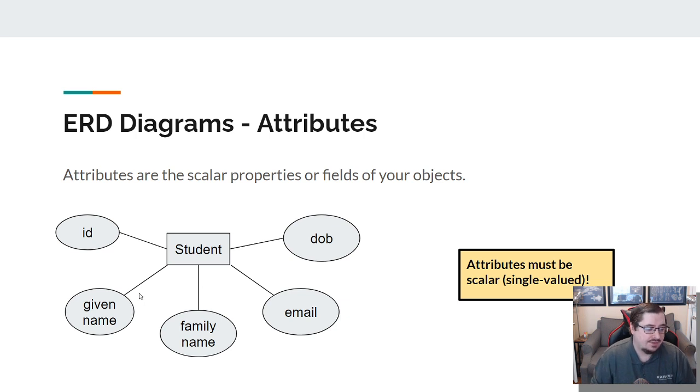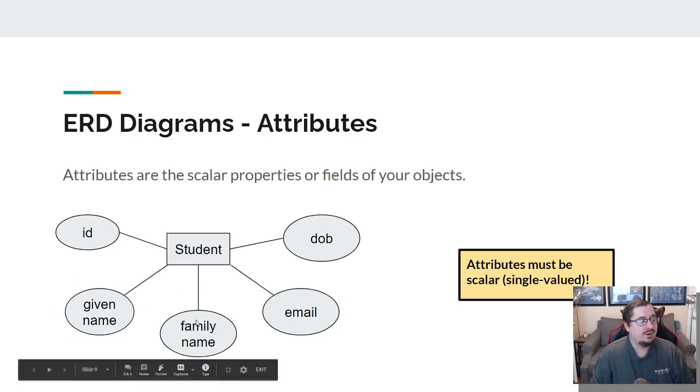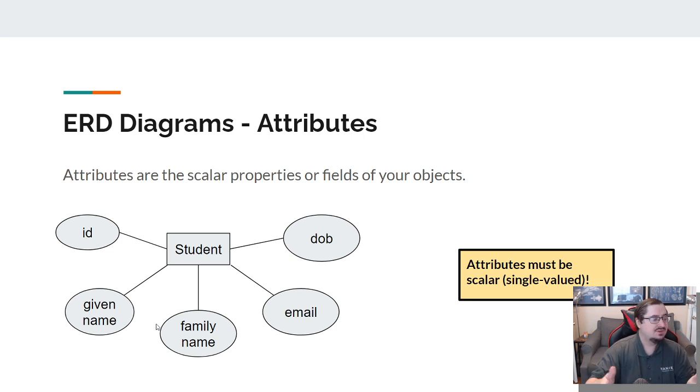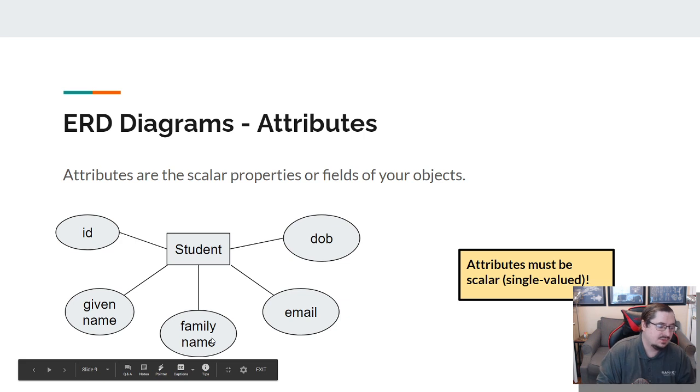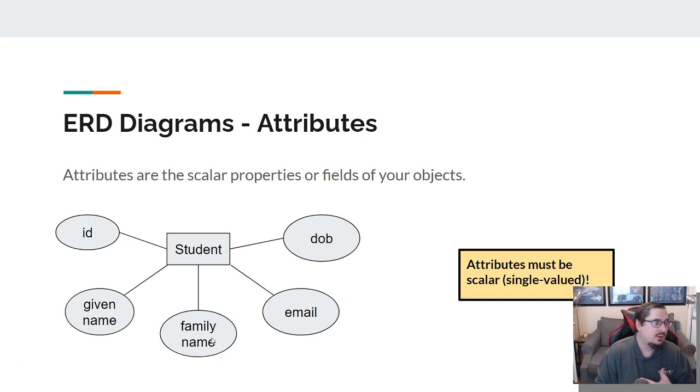So for instance, I could take your given name and your family name and say, let's use those two together as your primary key. Well, where might that fall apart? It's going to fall apart again with the fact that you may need to change your first or last name, so it still violates that requirement.